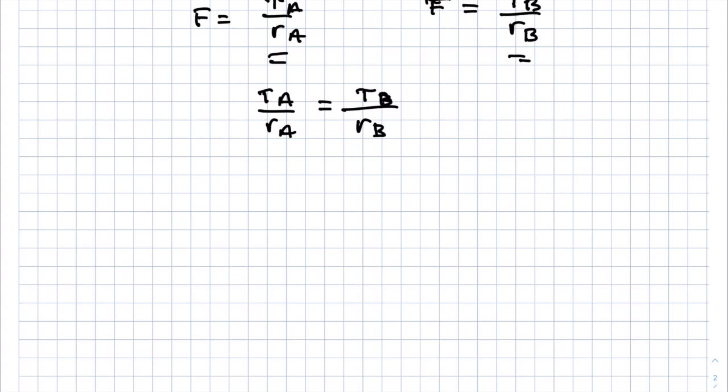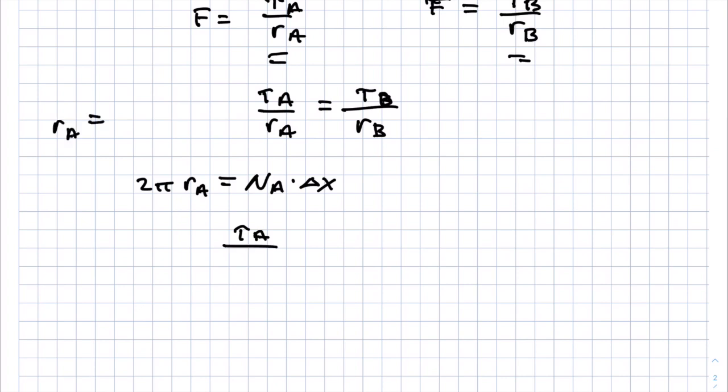What we know is that 2 pi RA, the circumference of gear A, is going to be the number of teeth times delta x. So we can solve for RA and plug into the equation.